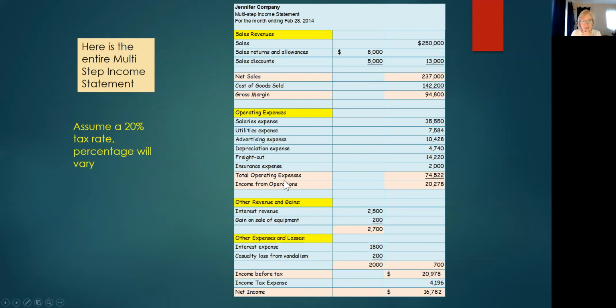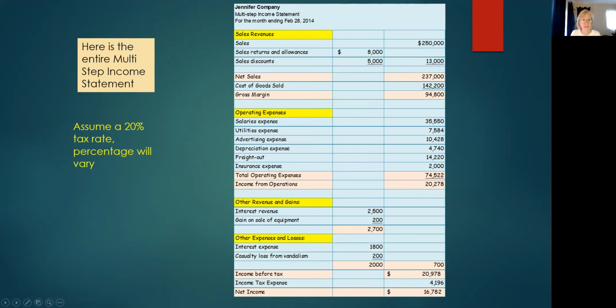So remember, we started the class out. Companies do 3 things: operations, investing, and financing. And so the financing comes after operations. Okay. So that 20,278, we add the other revenue, we subtract the other expenses, and we come down to 20,978. Minus the taxes, gets you here.